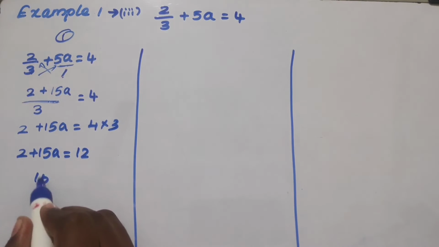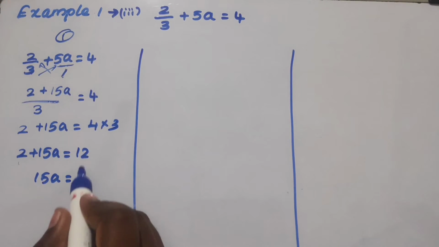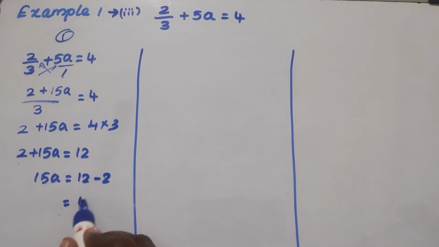Then 15a equal to, this 2 is in plus, so if it goes to the equal to side, it will become minus 2. That is 12 minus 2, 10.